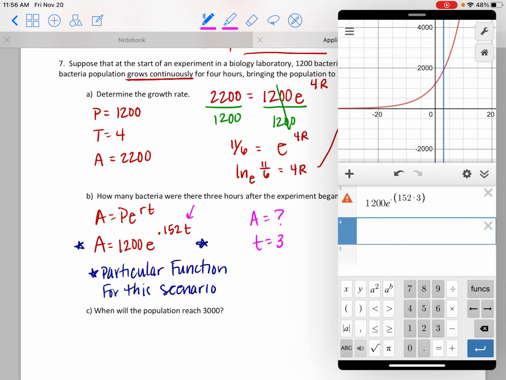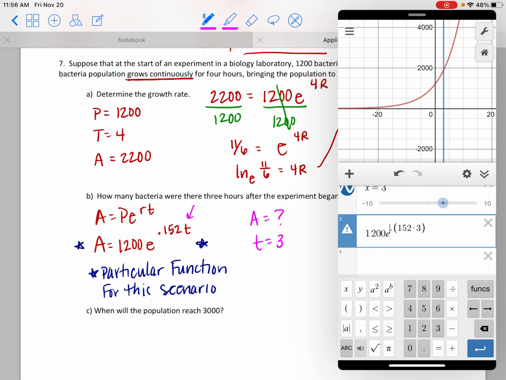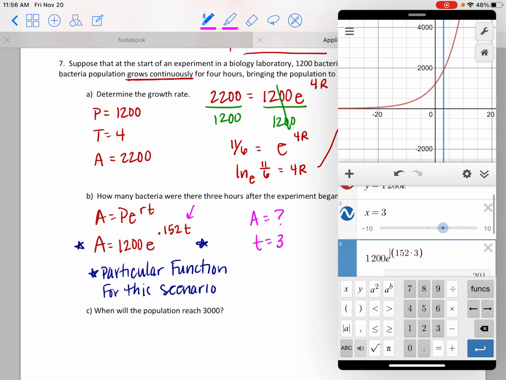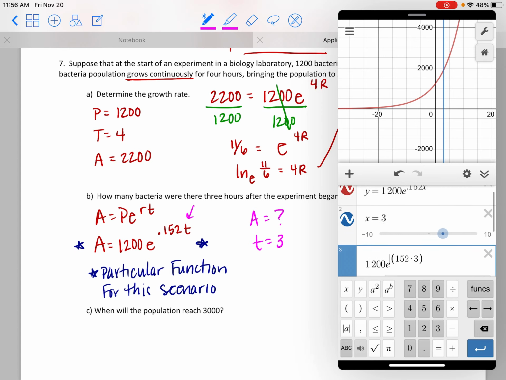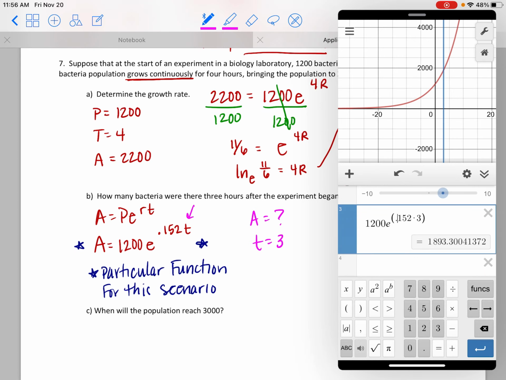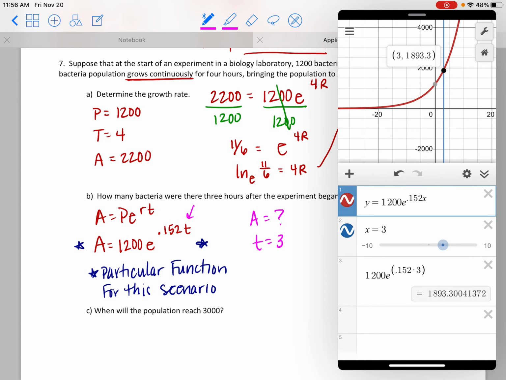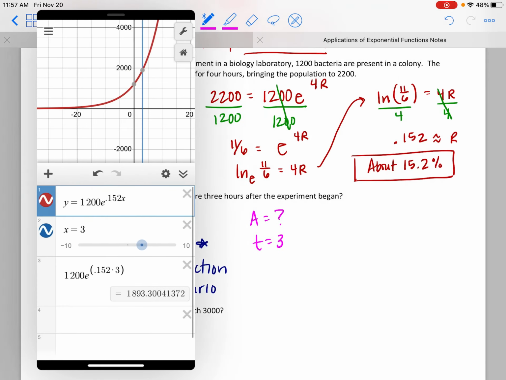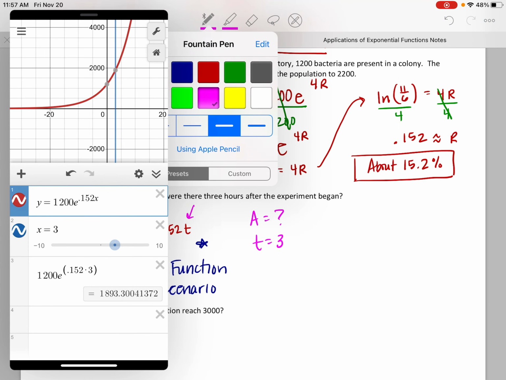What am I missing here? Oh, I got an extra multiply dot. There we go. Oh, I put my decimal in the wrong spot. Okay, sorry, there it is. The same answer that the graph is giving us, 1,893.3. Gosh, guys. Okay, I'm losing it. It's the end of a long notes here.